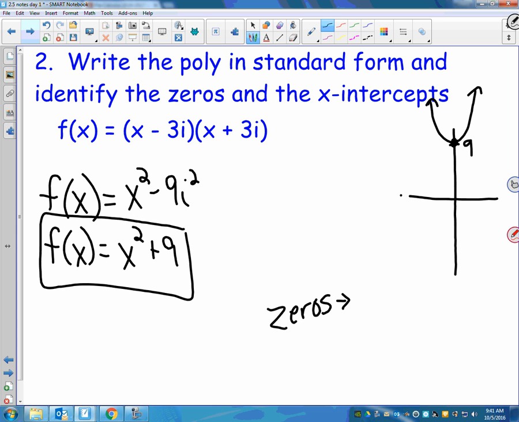So the difference between zeros and x-intercepts is the zeros are the solutions even if they're complex. So the zeros here are plus or minus 3i, right? You just set that equal to 0. The x-intercepts are where it touches the x-axis. If there were real zeros, would the x-intercepts and the zeros be the same thing? Yes. But if they're non-real, then you could have zeros that are not x-intercepts. But the x-intercepts, there are none.